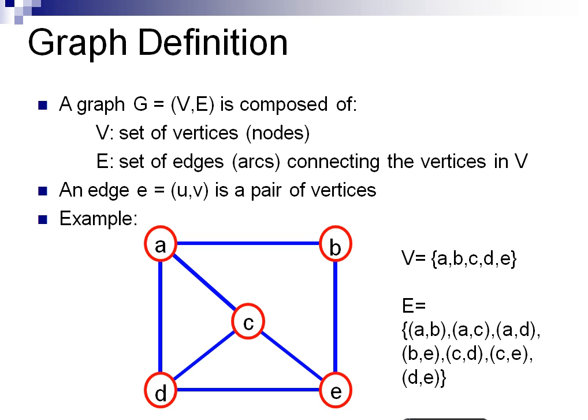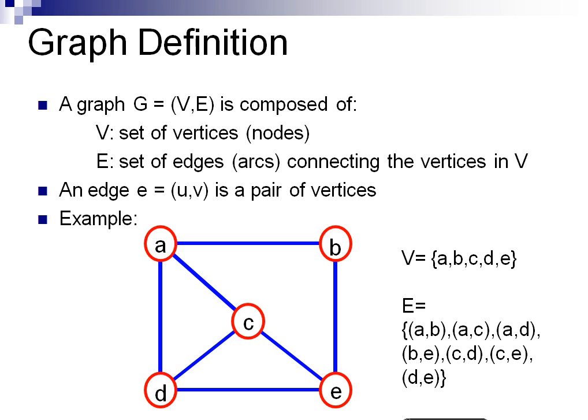So a graph G is composed of V and E, where V is the set of vertices or nodes and E is the set of edges, that is, arcs connecting the vertices in V. An edge is equal to (U, V), which is a pair of vertices. So an edge always connects two vertices. It will have a pair of vertices, and we call it an edge.